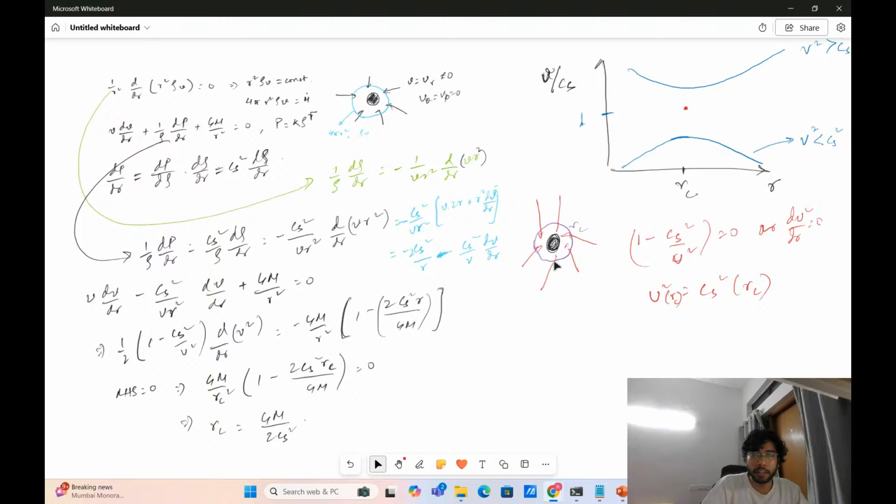So we are not tracking the matter to the center. We are just solving this equation only till the surface of the star, or in case of a black hole, only till the event horizon of the black hole. We are not going into R equals 0. We are only going inside RC till the horizon or the surface of the star, right?